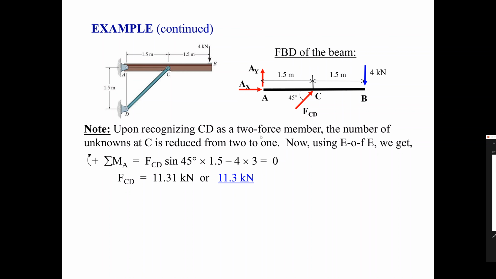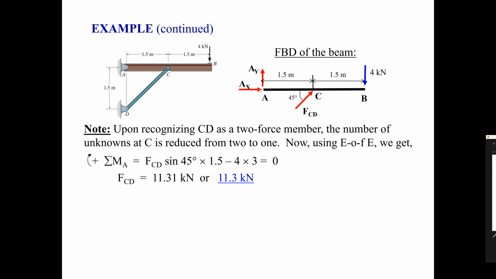First, we can start with just the moment and find FCD. We're looking at the moment about A here. If we do that, we only have this unknown force here, right? If you think about it, you have an x component of this force and a y component of this force.